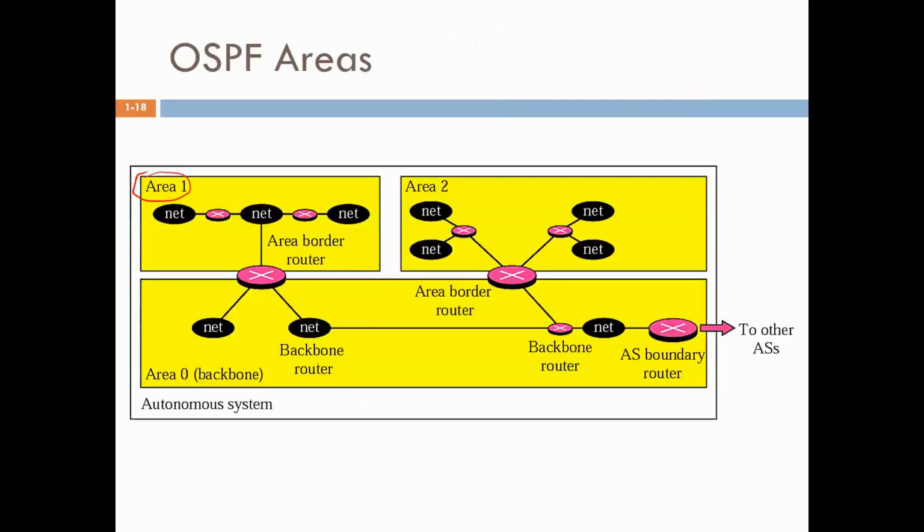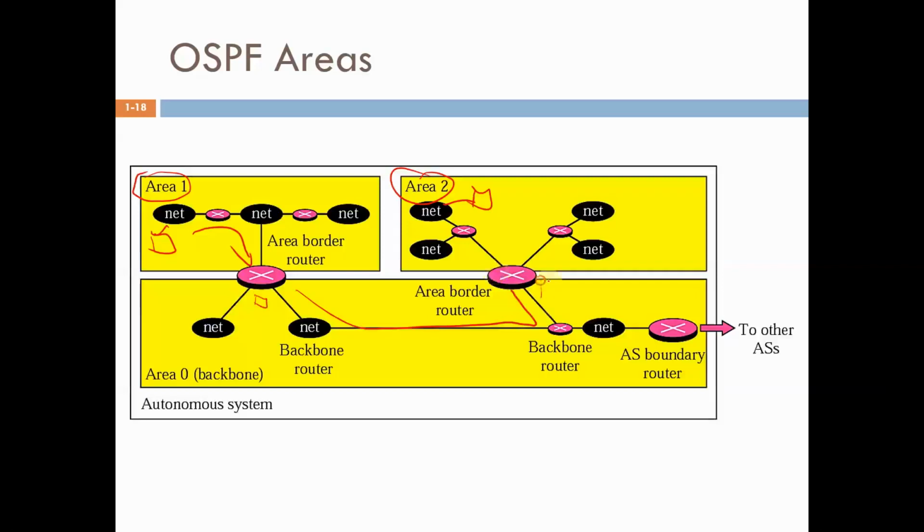What happens if a device in area 1 wants to send a packet to a device in area 2? Okay. What will happen is the router will find an optimal path to the area border router, using Dijkstra's algorithm as usual. Then the packet will be routed to the area border router. And then the area border router will find the path, using Dijkstra's algorithm again, to another area border router that is responsible for area 2.